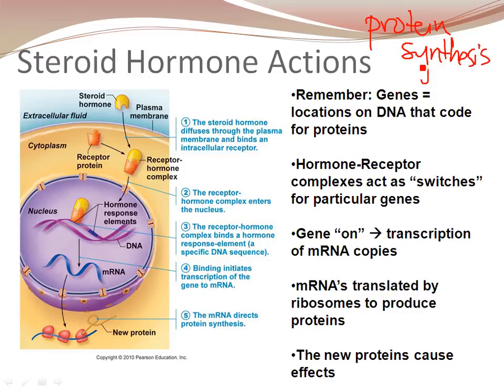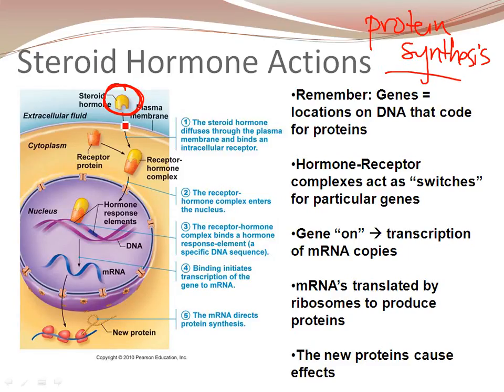And you may not have studied this in any great gory detail, and we're not going to study it here in any great gory detail, but I am going to remind you about the relationship between the genes on your DNA molecules and your chromosomes and the nuclei of your cells, the relationship between those to proteins that cells make, because that is critical for understanding how these steroid hormones act, and your thyroid hormones as well.